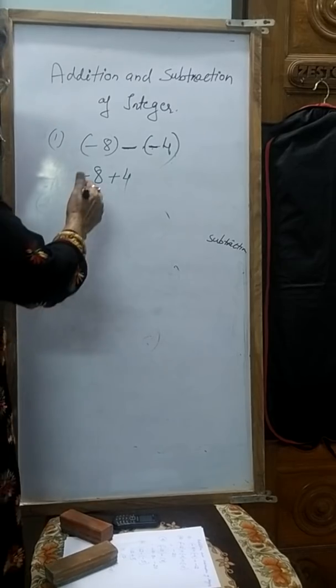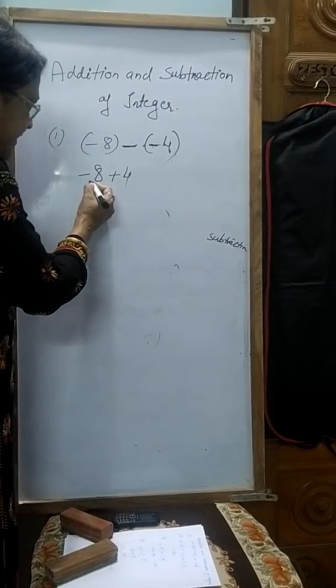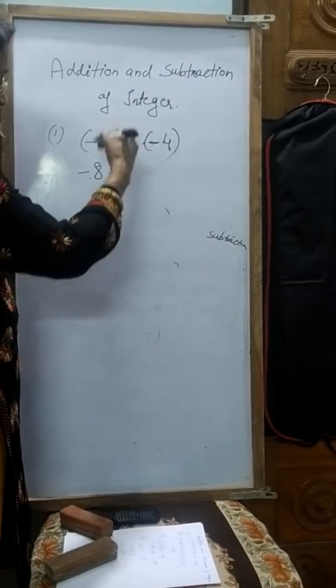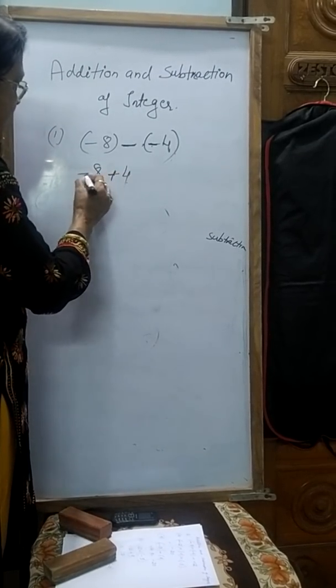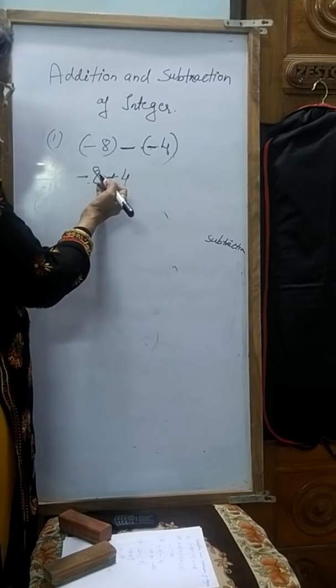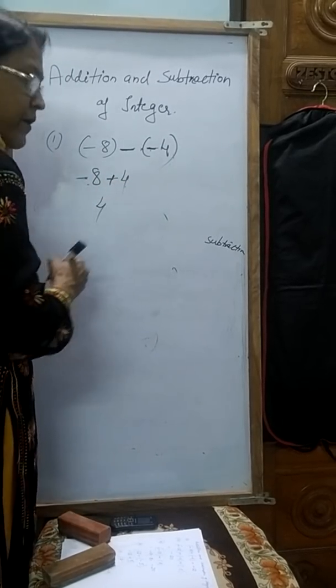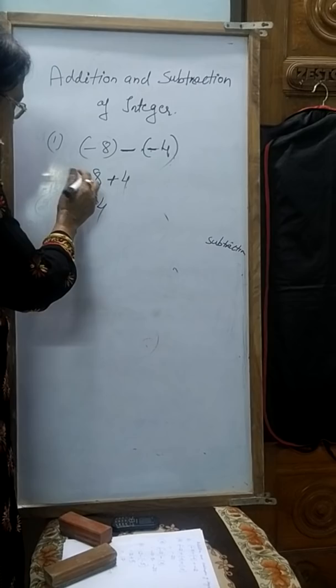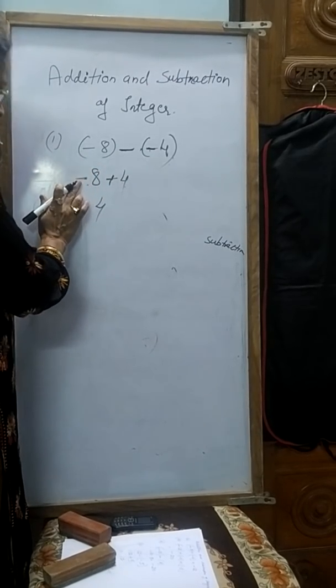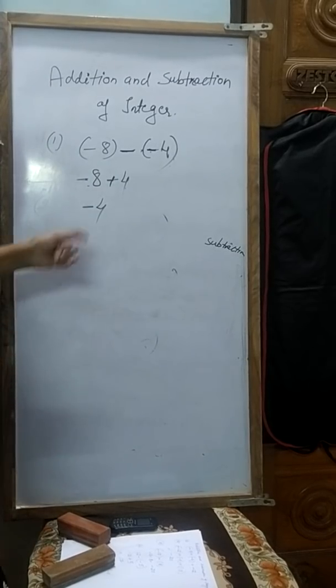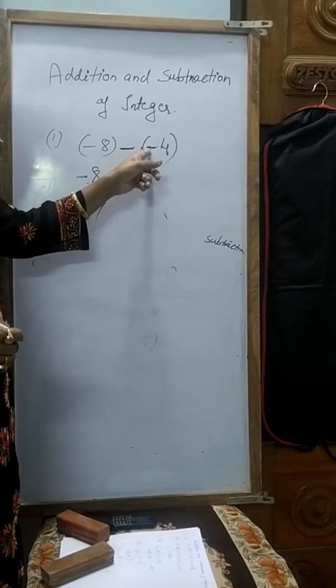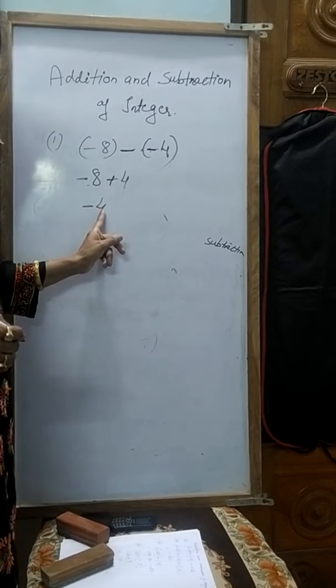And therefore now here it is minus 8 plus 4. अब जैसा मैंने बताया था कि एक नेगेटिव साइन है और एक पॉजिटिव साइन है, तो again you have to subtract this one. 8 में से 4 गया, बचा 4. और 4 के 8 जो बड़ा था उस बड़े के आगे नेगेटिव साइन था, इसका भी आंसर आ जाएगा माइनस. So it means -8 of -4, you will get -4.